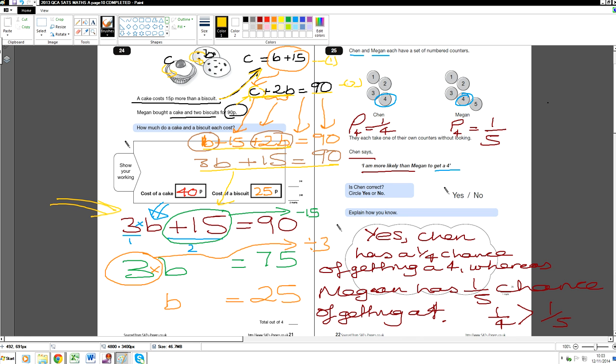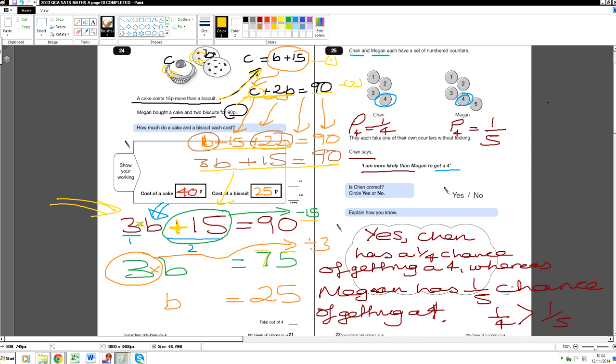We want to work out the value of B. B is being multiplied by 3 and then it's being added to 15. We call this the first action and second action. We always move the second action first. So the opposite of plus 15 is minus 15. So 90 minus the 15 gives us 75.